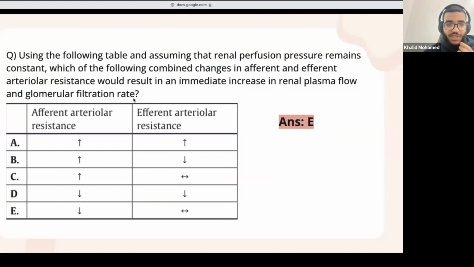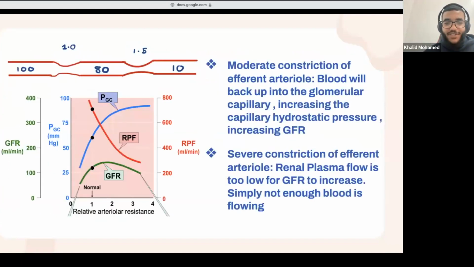So as in this question, it says increase in renal plasma flow and GFR. So the answer will be, I hope it's clear to everyone. I don't have any questions. Okay. I think we can move on to the next question.